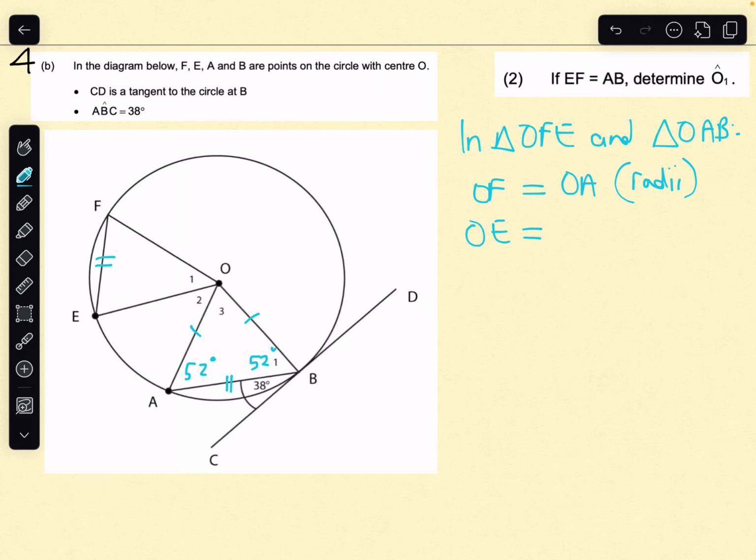And then finally, EF, which is this guy, is equal to AB, which we were given.